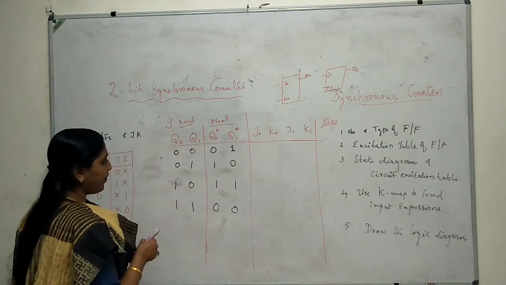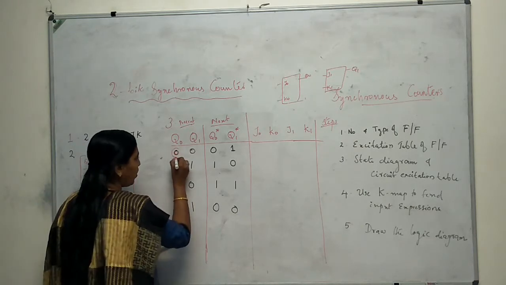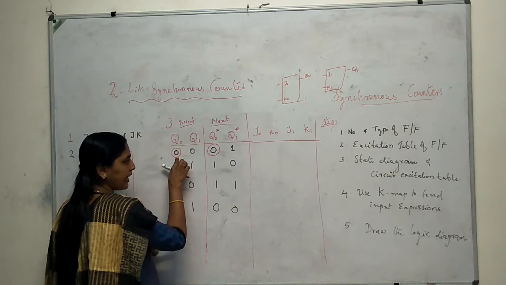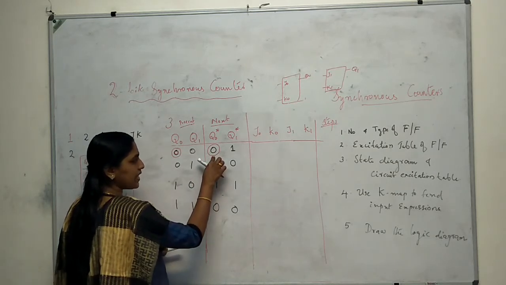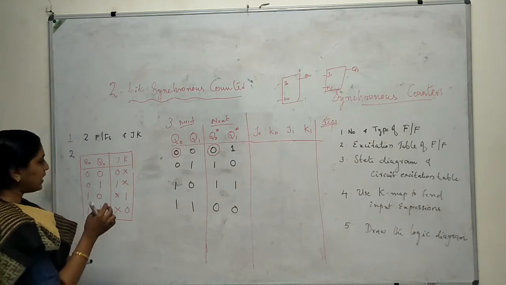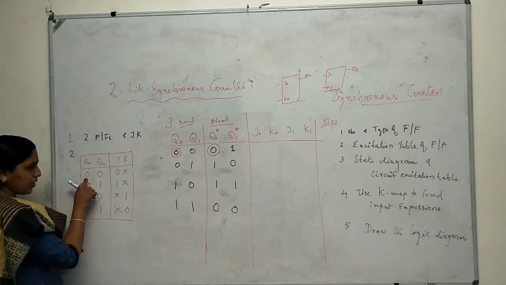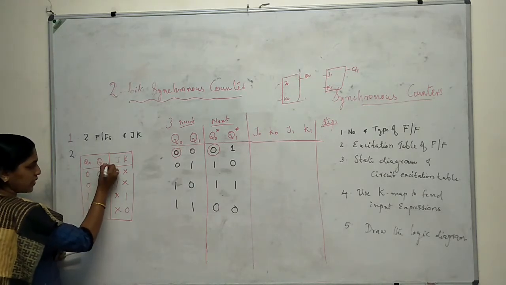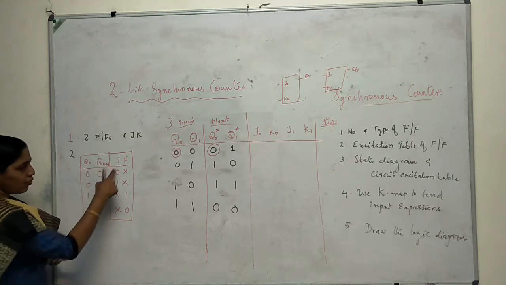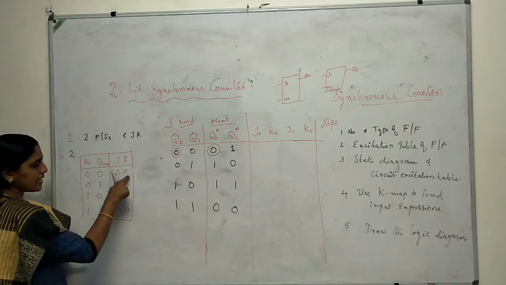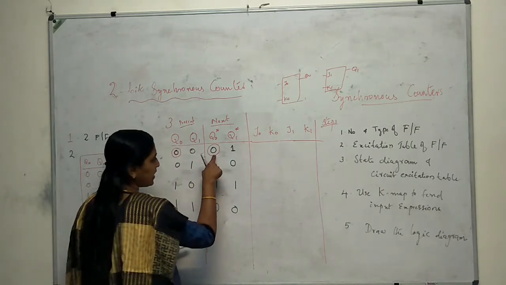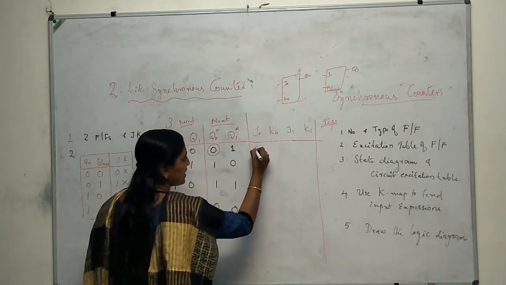If Q0 is the current state and Q0 star is the next state, what is JK? From the excitation table, Qn to Qn plus 1: if current state is 0 and next state is 0, J and K is 0x.